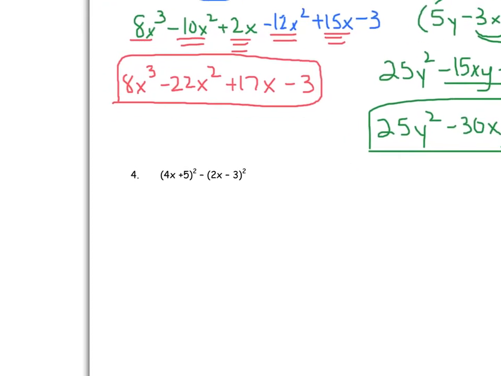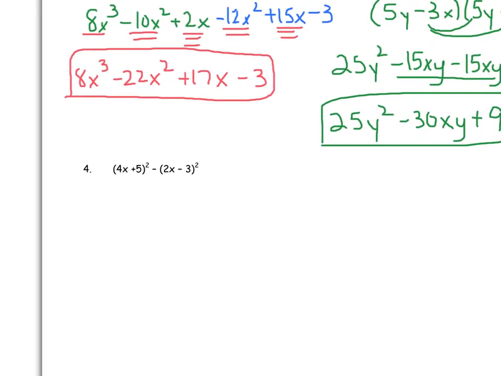Alright, now we've got our last one, and this has a little bit of a combination here. You want to go back and rethink a little bit too about order of operations. You don't want to make the mistake we mentioned in number 3. You want to take those two expressions and write them out as though you're multiplying a binomial times itself. And keep that negative sign in between.